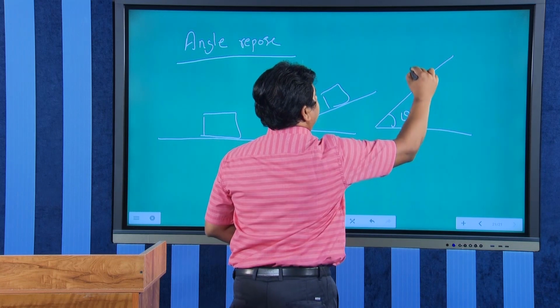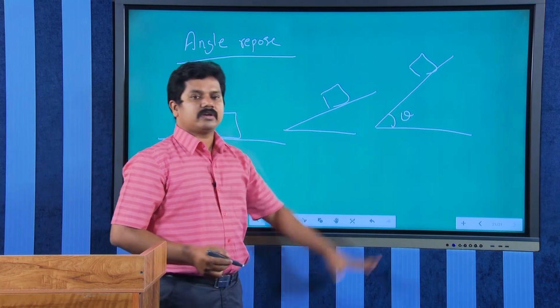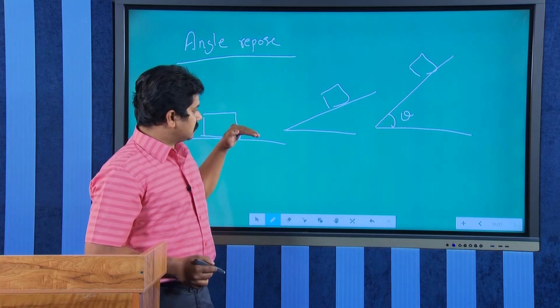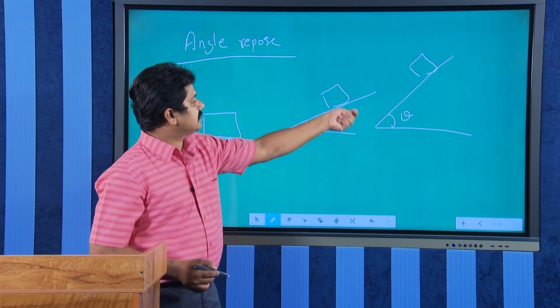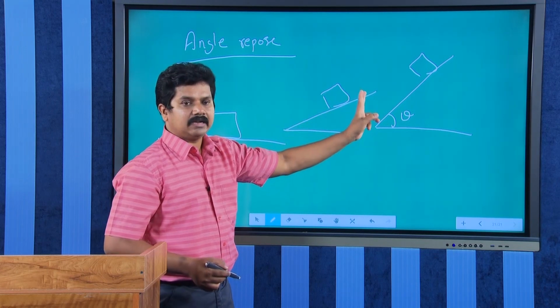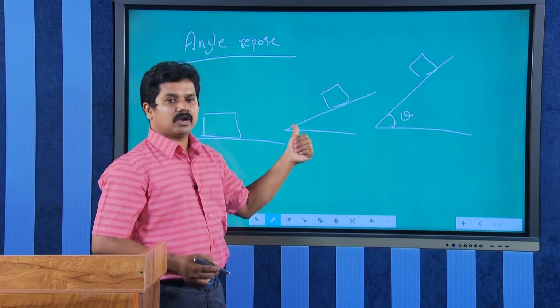At a particular moment, the block will start sliding down. That particular angle is called angle of repose. That is, a block is placed on a horizontal plane, and you slowly increase the angle. At a particular angle, the block will start sliding down. That angle is called angle of repose.